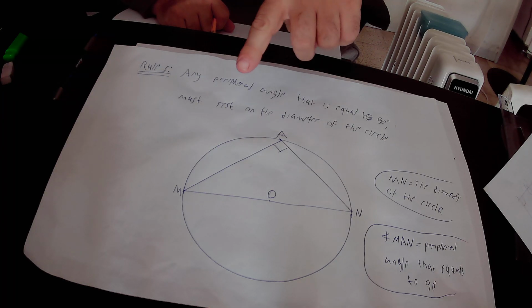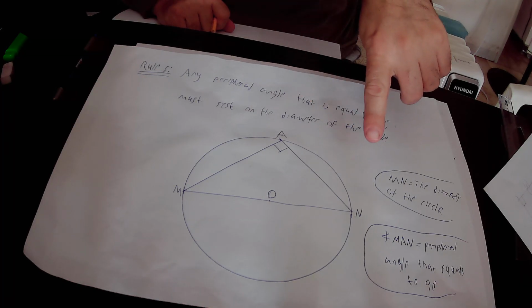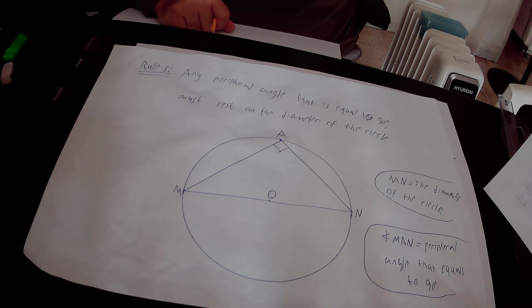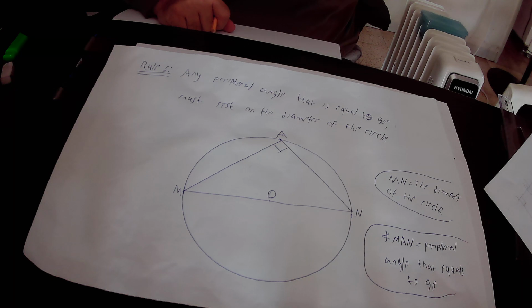So this is peripheral angle MAN, that is a right angle. Therefore, according to rule number 5, this peripheral angle must be subtended on the diameter of the circle. And it is very easy to see that MN is indeed the diameter of the circle.